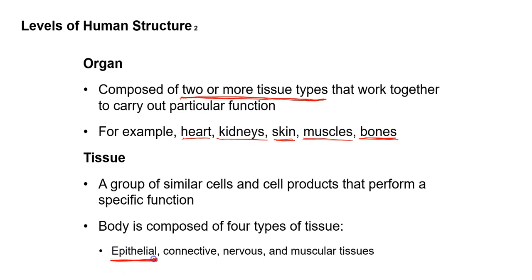epithelial tissue, connective tissue, nervous tissue, and muscular tissue. So, some of these you can probably guess the organs that the tissues are responsible for producing, such as most of your muscle organ will be composed of muscular tissues with some connective.